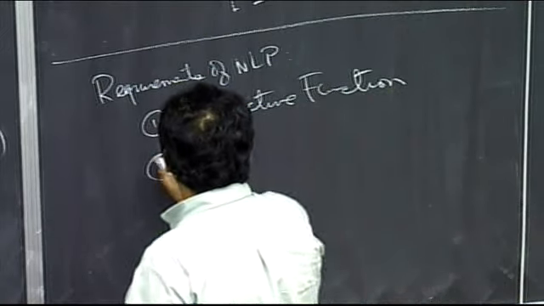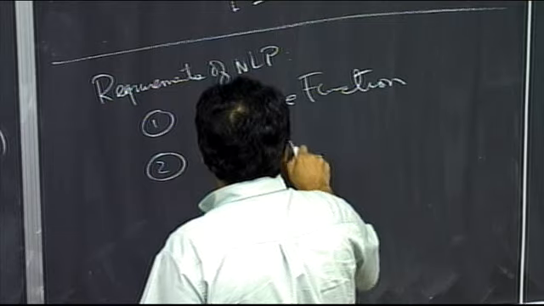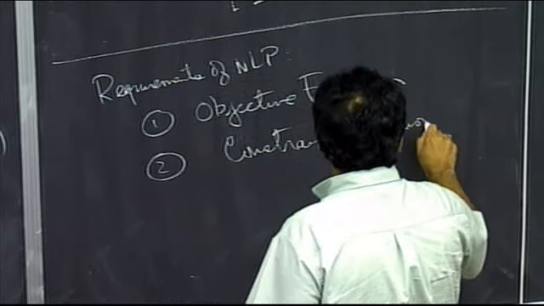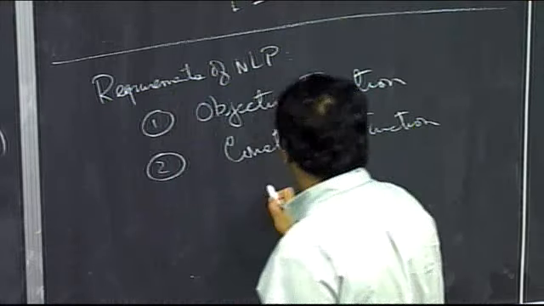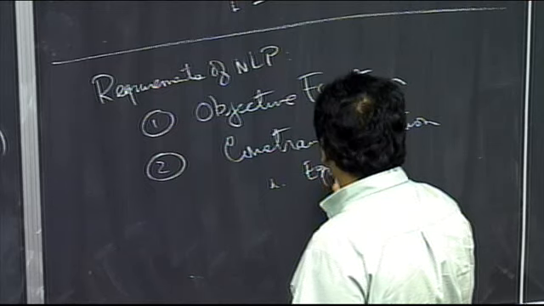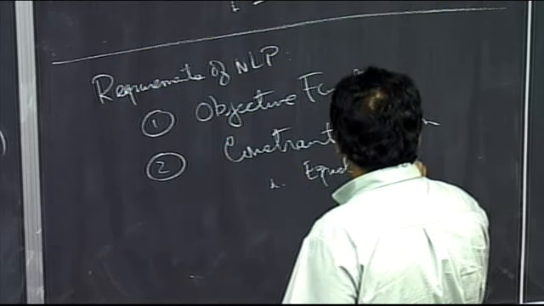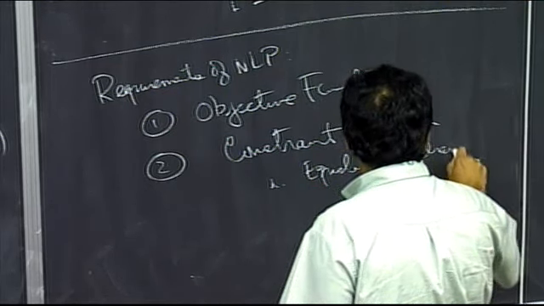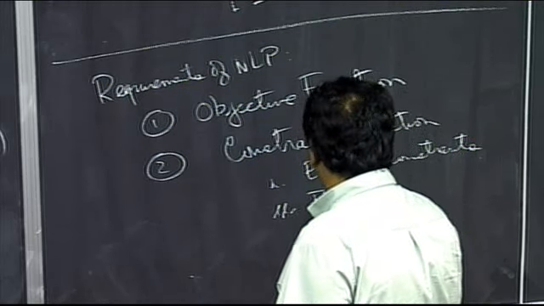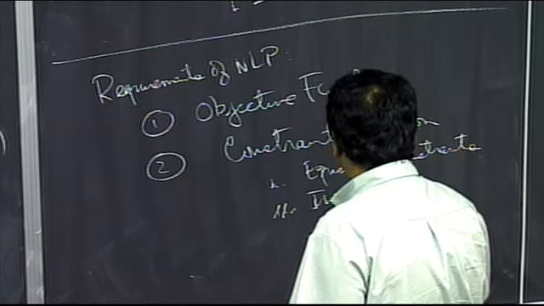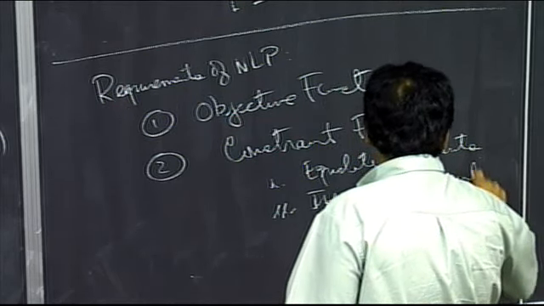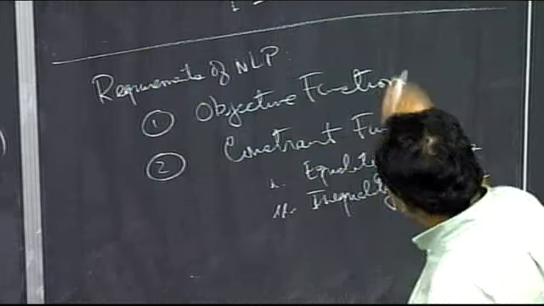Two, I need a constraint function. That constraint function consists of, one, equality constraints, and two, inequality constraints. These are the functions that I need to code.